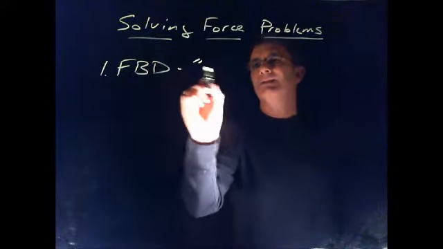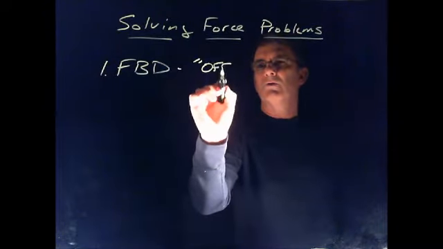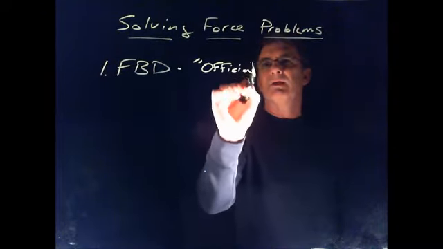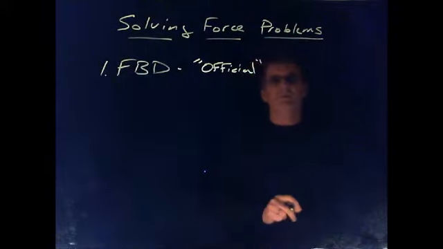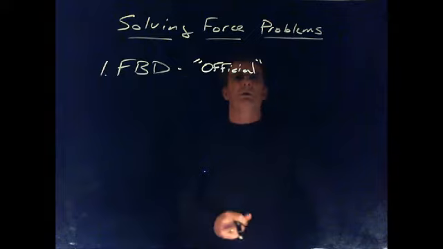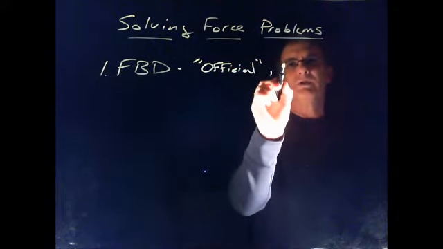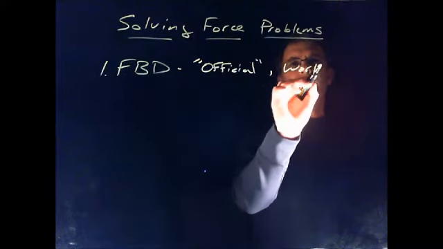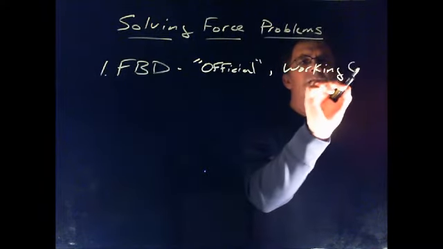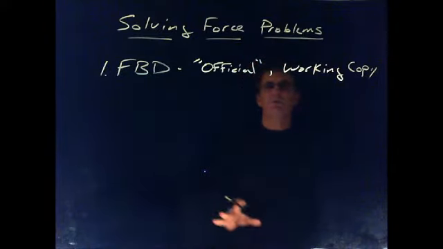Now, there are kind of 2 types of free body diagrams. The so-called official free body diagram, which is the dot and just the force vectors drawn on it, that I showed a few minutes ago with the book sitting on the tabletop. And then you have the working copy. In the working copy, I include all sorts of information, and that's perfectly fine.